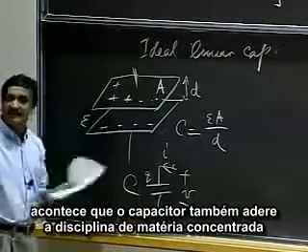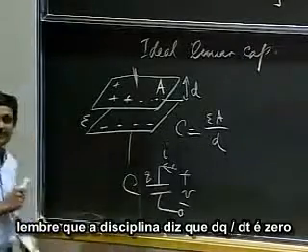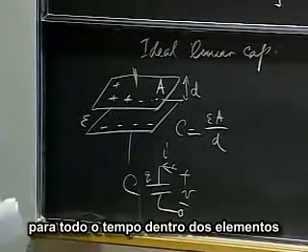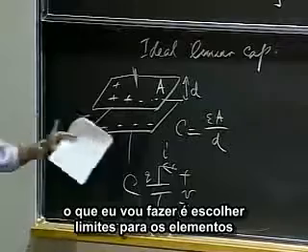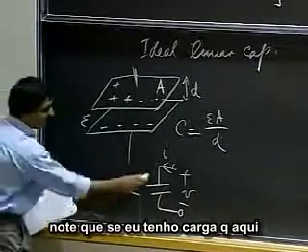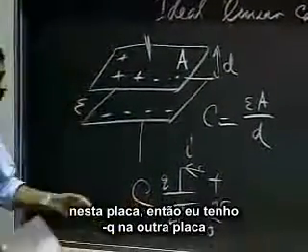It turns out that the capacitor also adheres to the lumped matter discipline. Remember, the discipline says that dq by dt is 0 for all time within elements. So I'm going to be clever. What I'm going to do is choose element boundaries in a very clever way. Notice that if I have Q on this plate, then I get minus Q on the other plate.